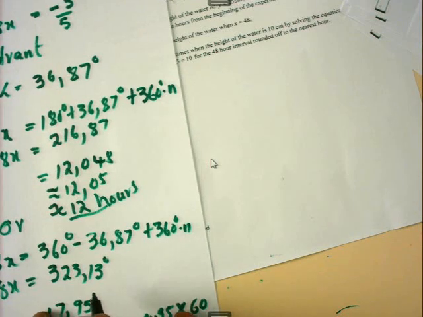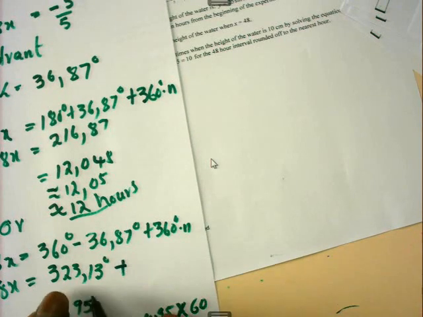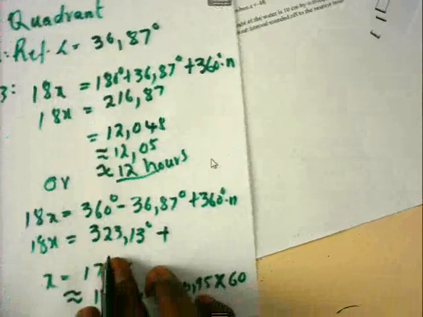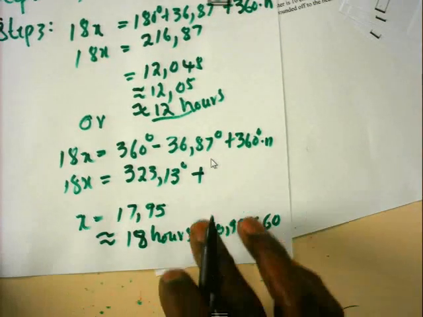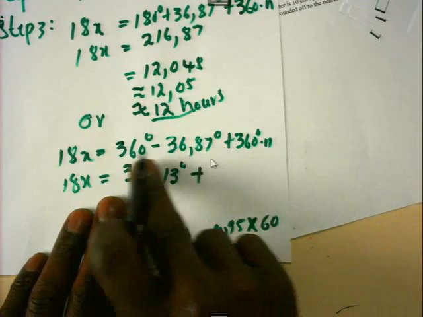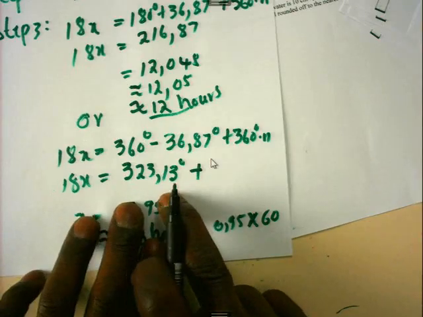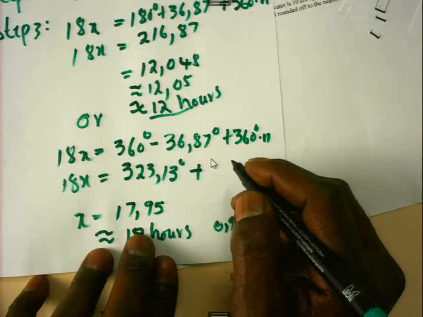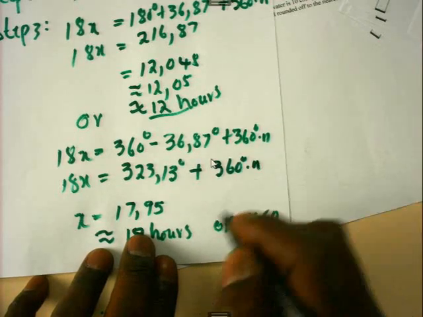And here will be 323, I'm trying to rectify this. If we subtract 36.87 from 360, we've got 323.13 plus 360 degrees times n.